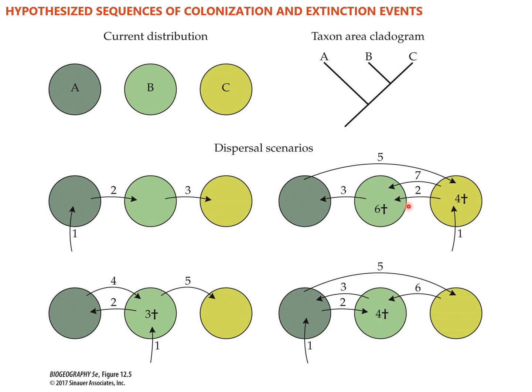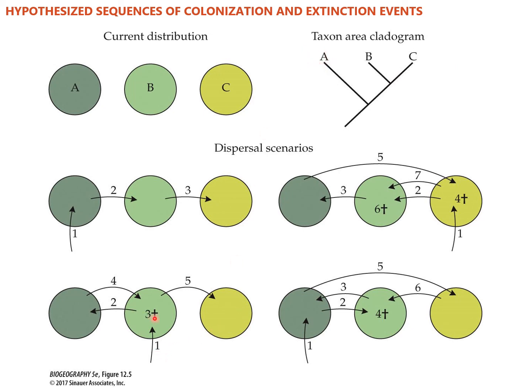You could have a different scenario where an organism colonizes here, disperses here, then the original population goes extinct, but it is recolonized from over here, and then it goes extinct here, but it's recolonized here. You can see it gets pretty tricky to keep track of all this, but it would result in the same area cladogram where B and C are more closely related to each other than they are to A.